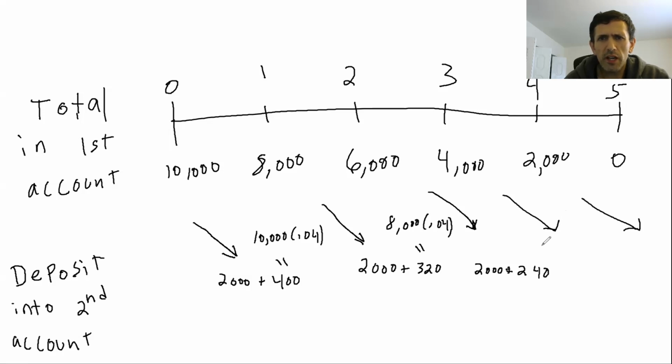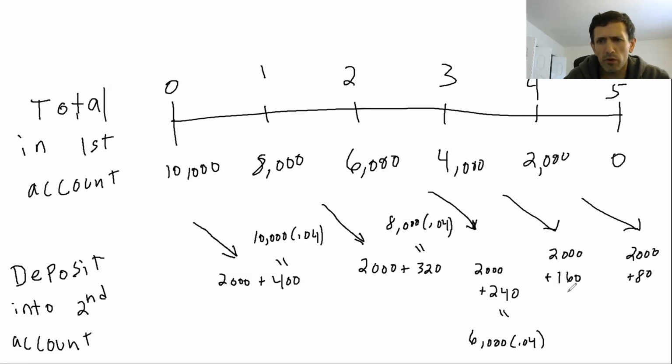I have to make that a little smaller. Actually, let me put this here. Just like here, 6,000 times 0.04. So this is 2,000 plus 4,000 times 0.04, which is 160. And it's 2,000 plus 80, 2,000 times 0.04.